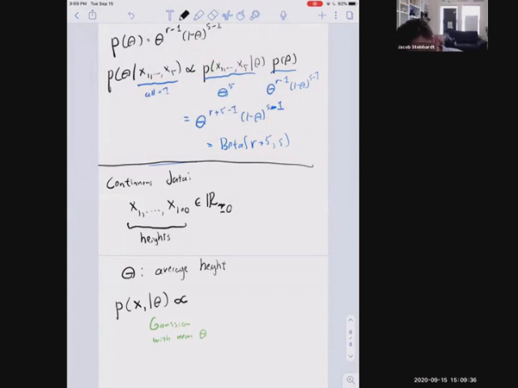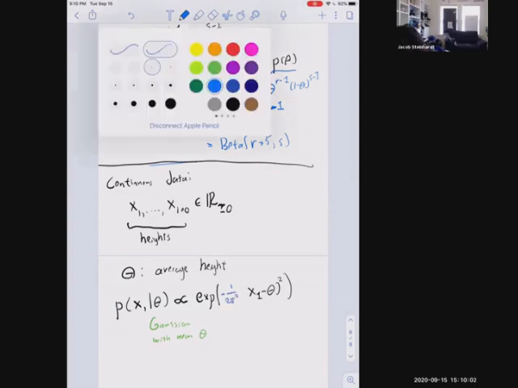So that would mean it's proportional to e to the minus 1/2 (x1 minus theta) squared. And maybe we should include a standard deviation as well.